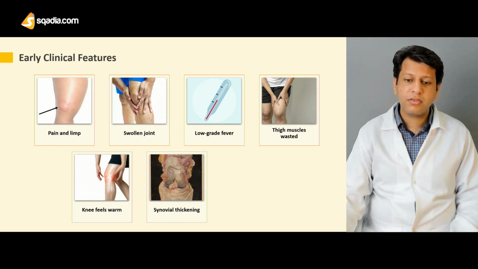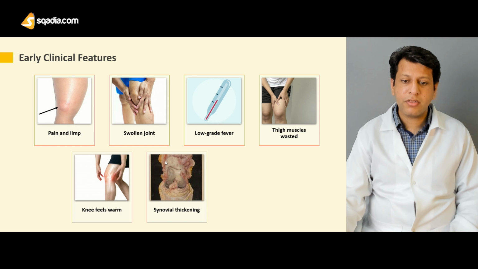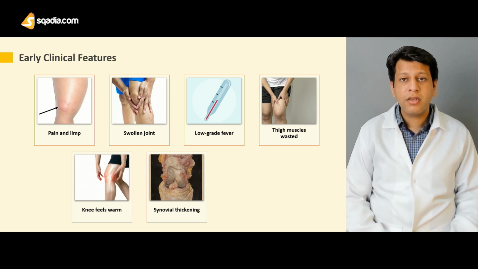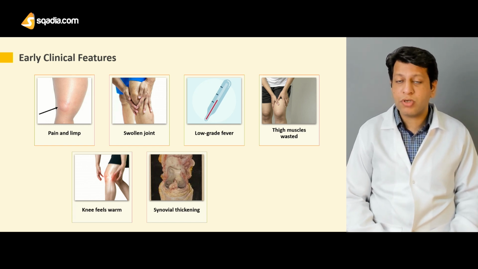If you see this clearly, you can appreciate the synovial plaques which are whitish in appearance. This is due to the caseous necrosis and granuloma formation of tuberculosis.